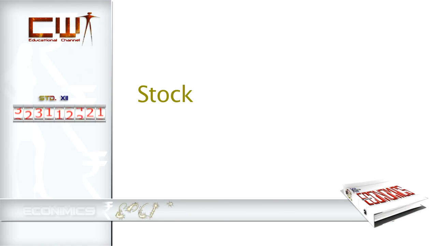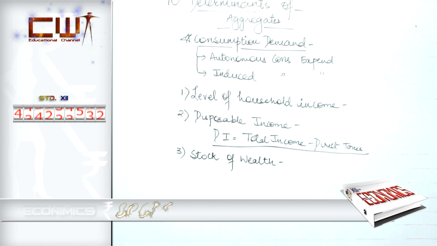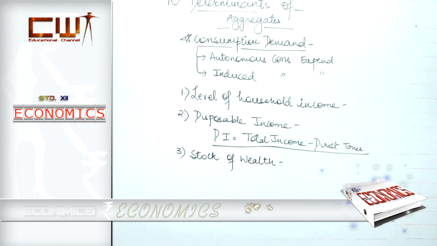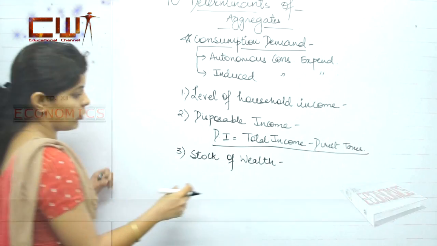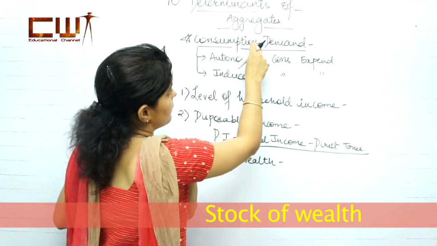The next determinant of consumption demand is stock of wealth. If the stock of wealth is more, there is a tendency among the people to spend more, and as a result consumption demand will be high. If you have more wealth, if you have lots of money with you, then your consumption demand will be higher.